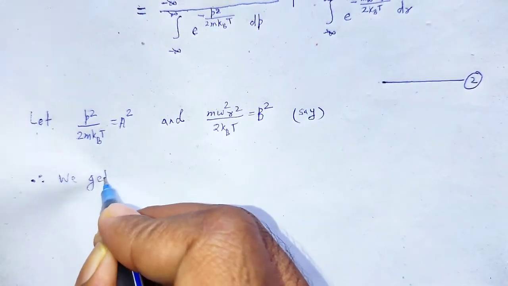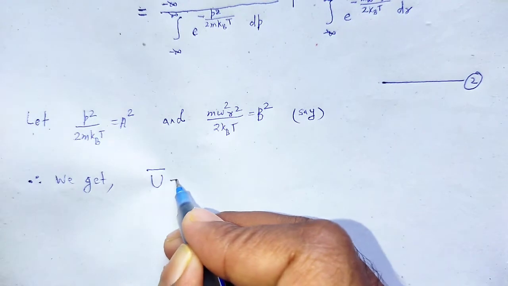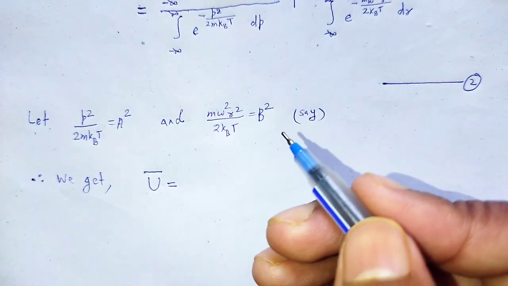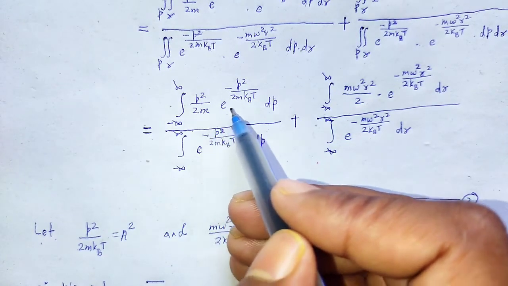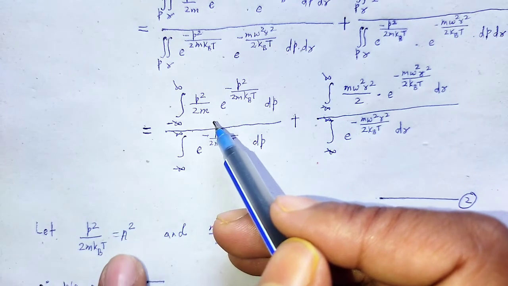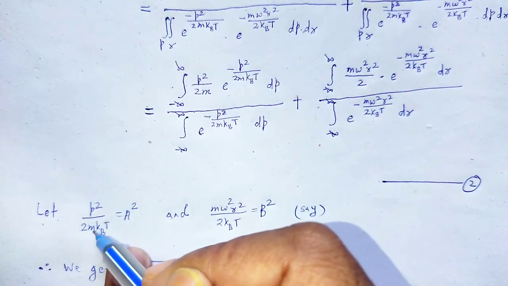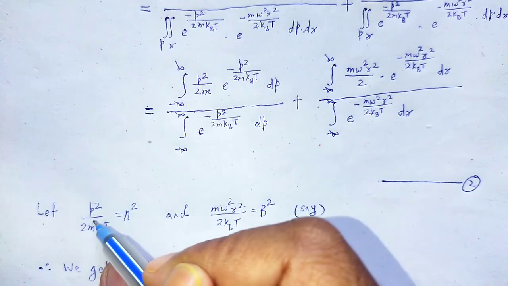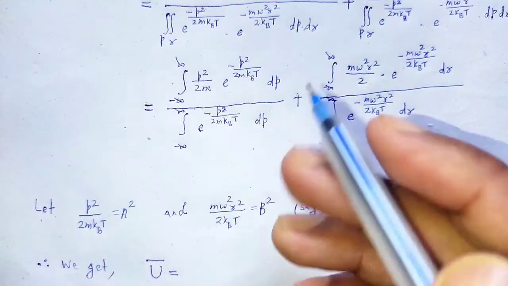therefore we get u average is equal to, for that term we use kBT a square, since p square divided by 2m kBT is equal to a square. So instead of p square by 2m, it is a square into kBT.